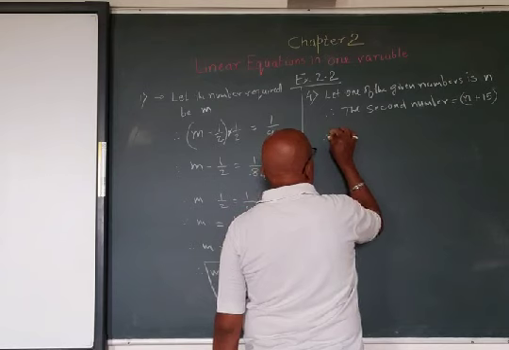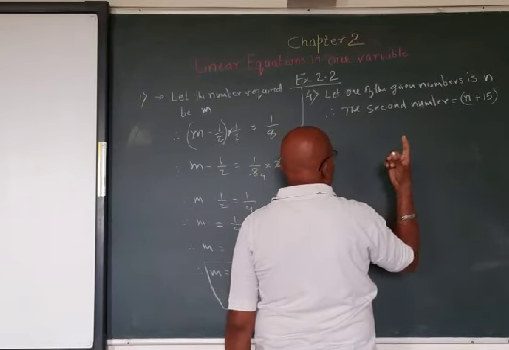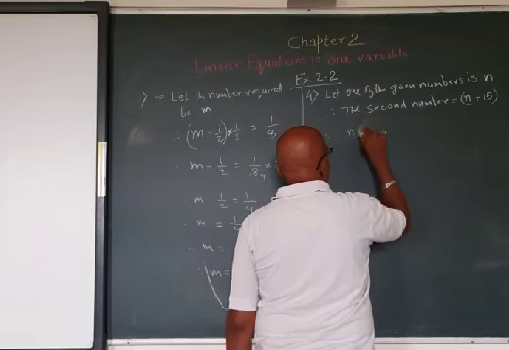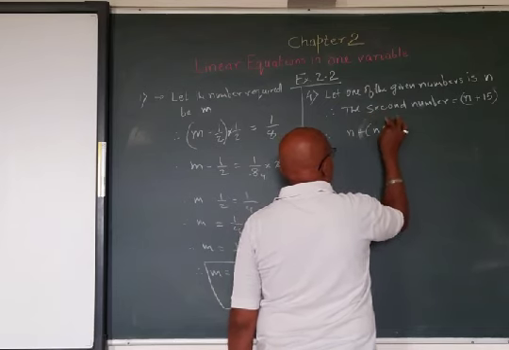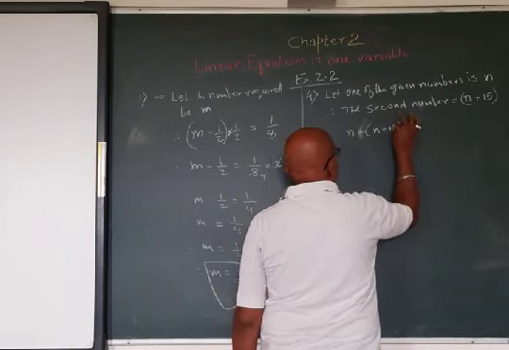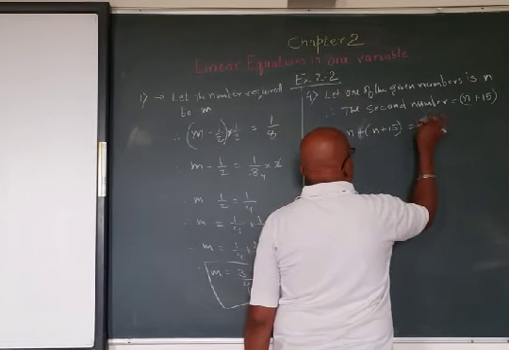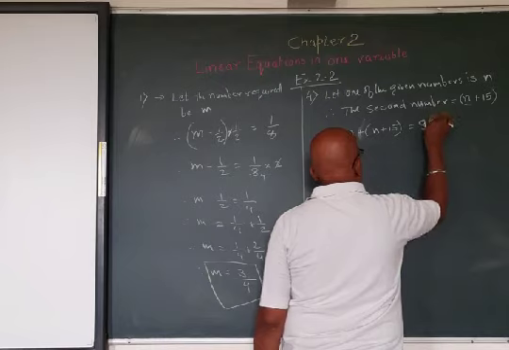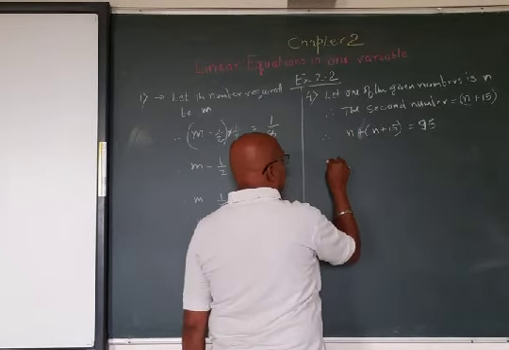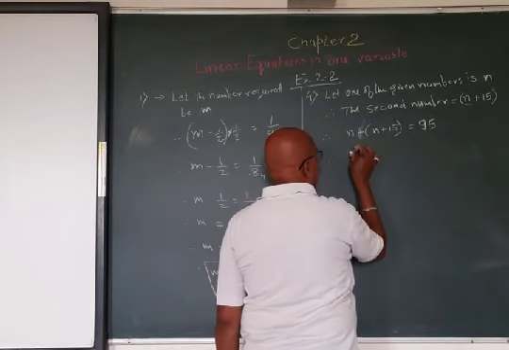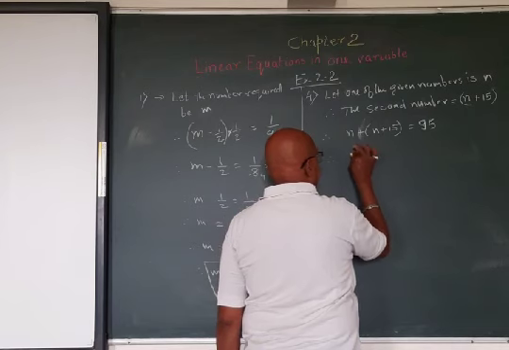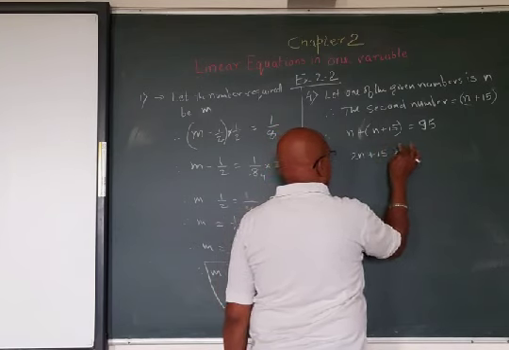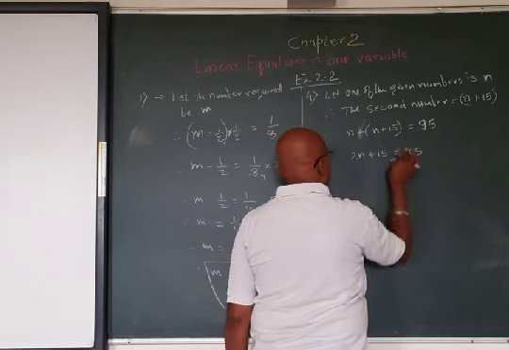Now the sum of these two numbers is what? 95. So n plus, in bracket, n plus 15, the sum of these two numbers is 95. It is given 95. So if you solve this bracket, you get 2n plus 15 equal to 95.